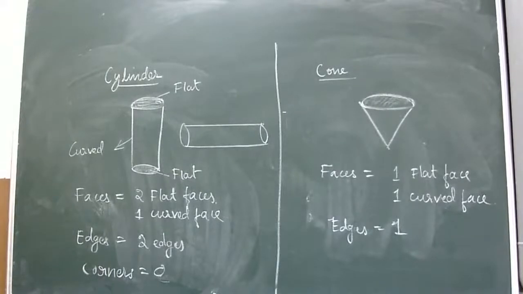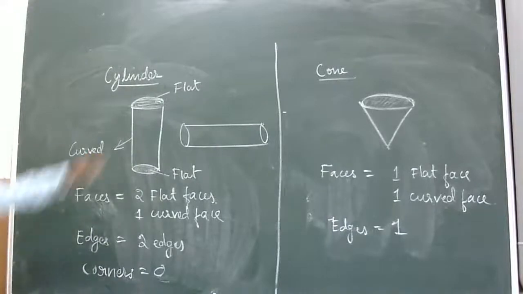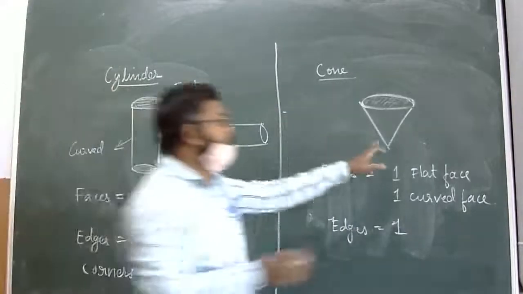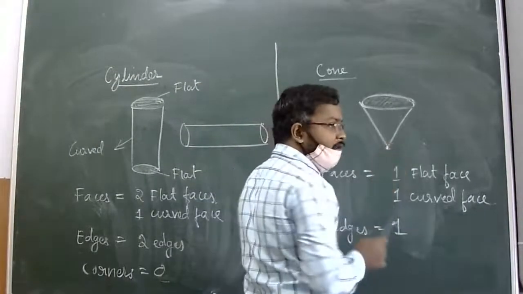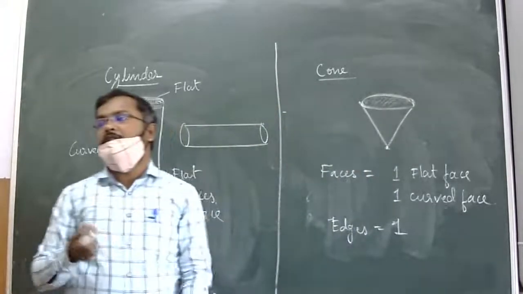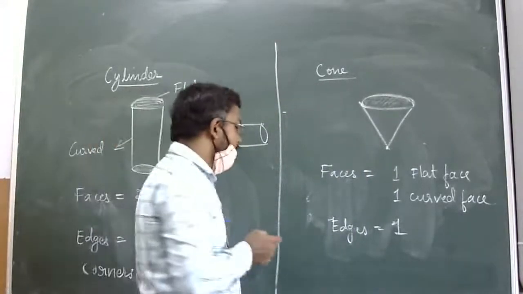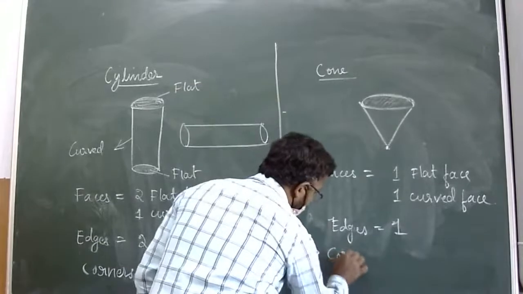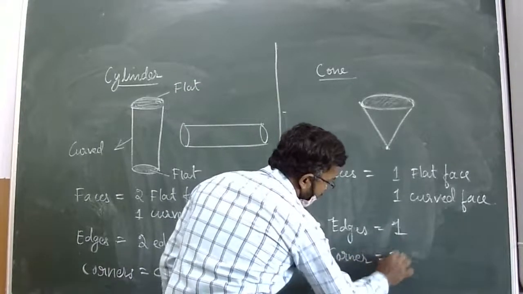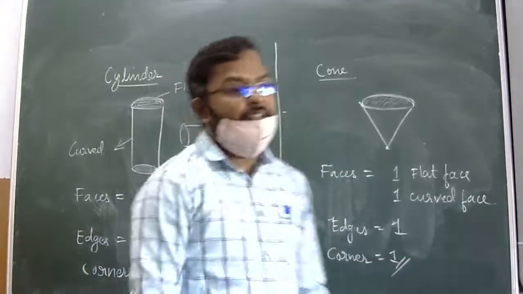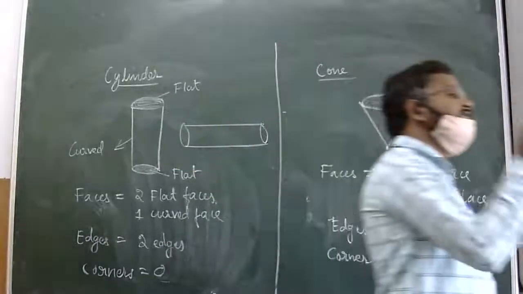One corner. Corner means what? The sharp tip. In the cylinder there was no sharp tip, but in this, where is it? Here. So the sharp corner is there. So that is your one corner. So after this, we are left with one more shape, that is sphere.